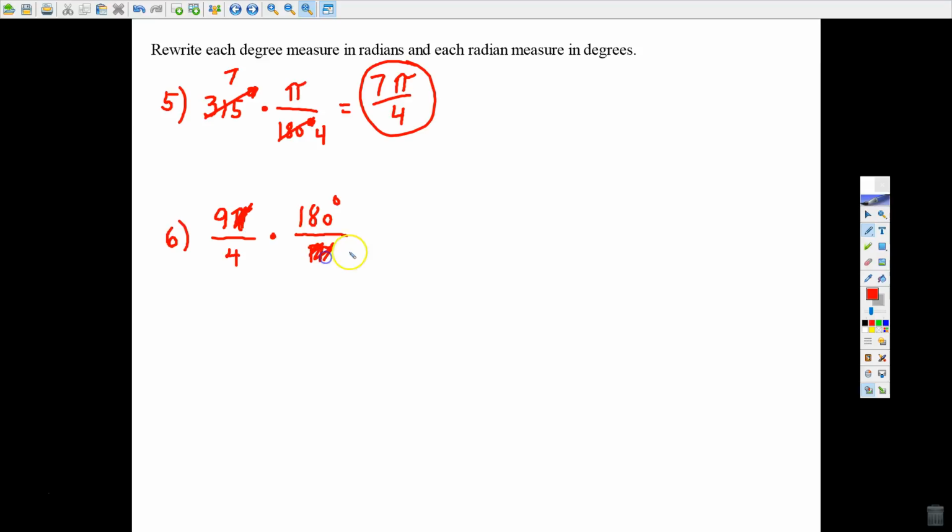So the pi's will cancel, and we can do some more canceling here. 4 goes into itself. 4 goes into 180, 45. And now we just need to multiply 9 times 45, and we get 405 degrees. And so that's my answer for number 6. So just be ready to use the appropriate conversion factor.